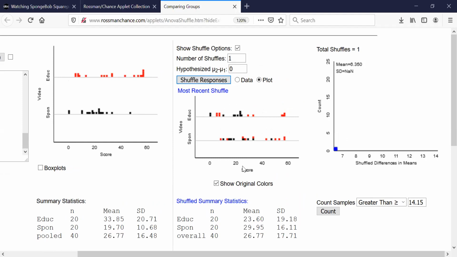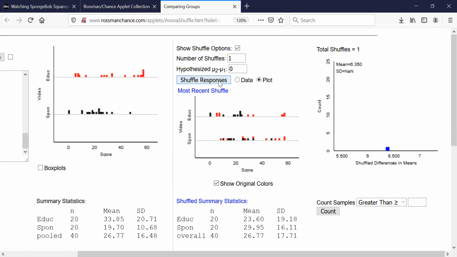So in this case, you can see down here, the average for the SpongeBob group, with some black and red. Red was the original educational video and black was the original SpongeBob video. You can see that that group mixed up. They have an average of 29.95, and the educational video group, the other group, which has some of them mixed up, has a mean of 23.6.